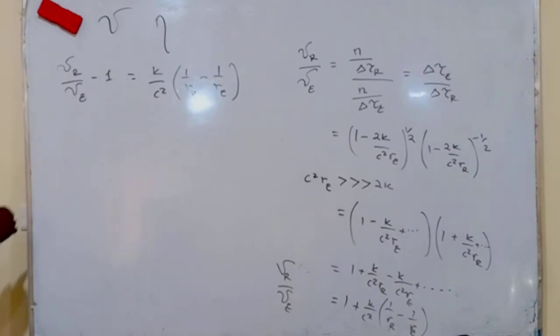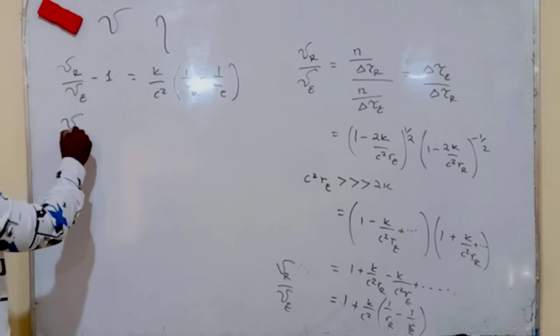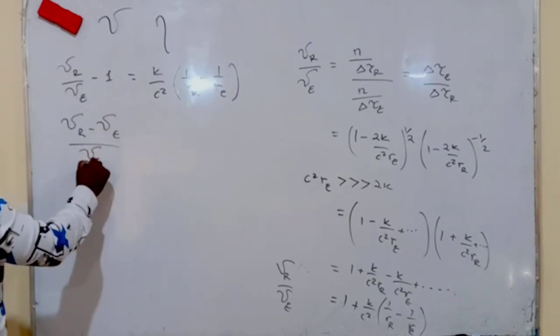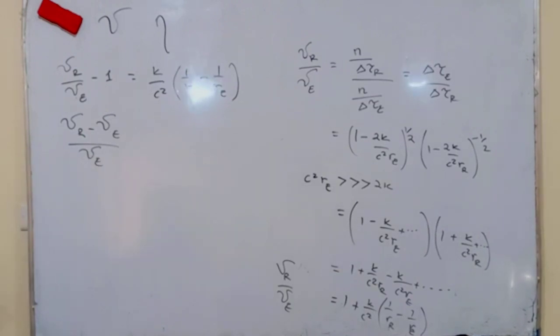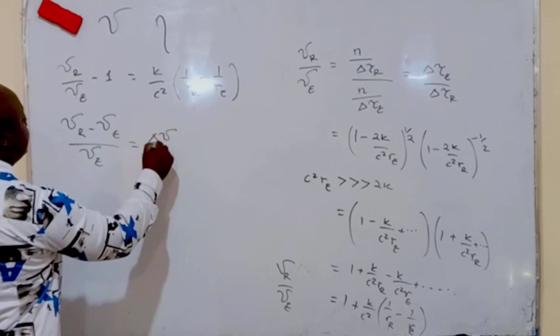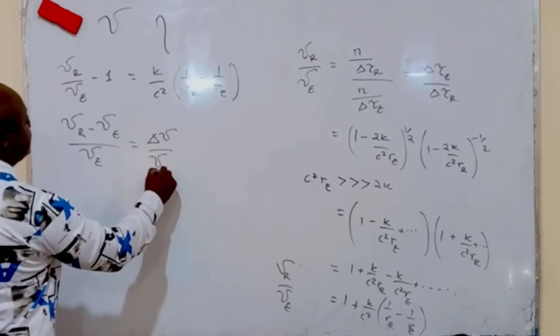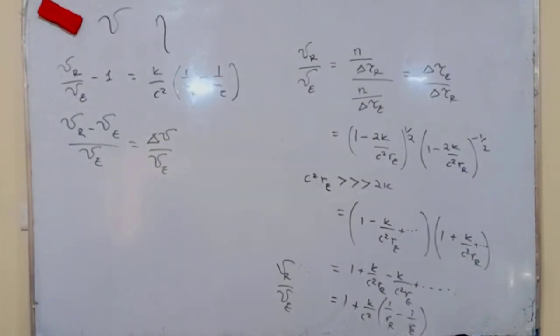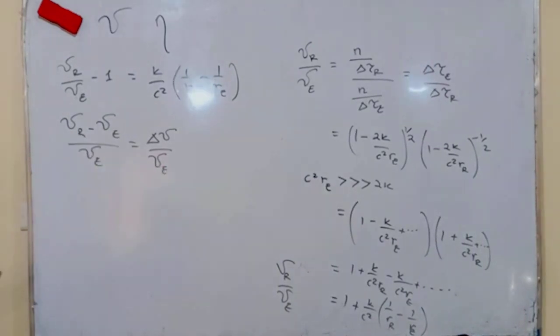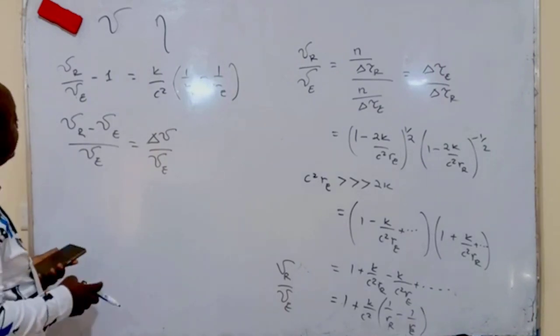And I can write the left hand side as delta nu over nu, which is the change in frequency over the emitted frequency.